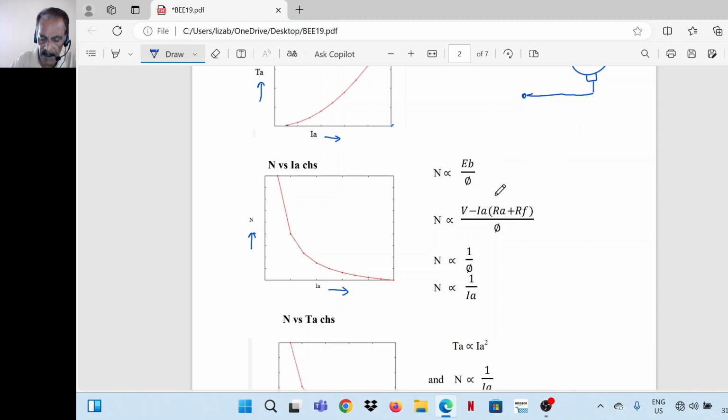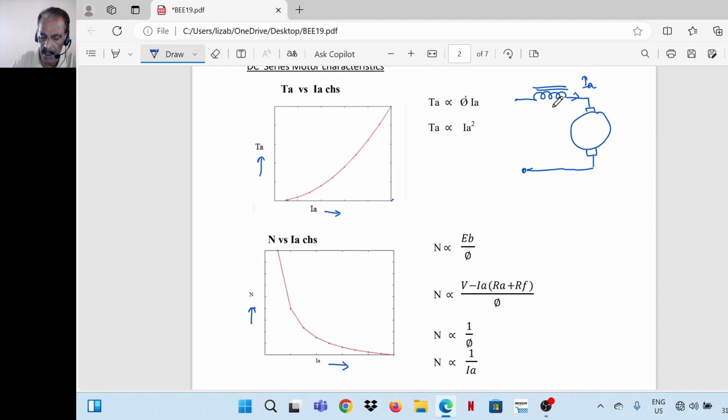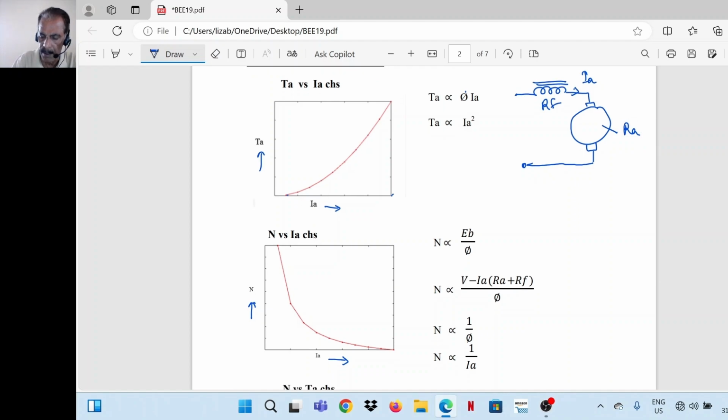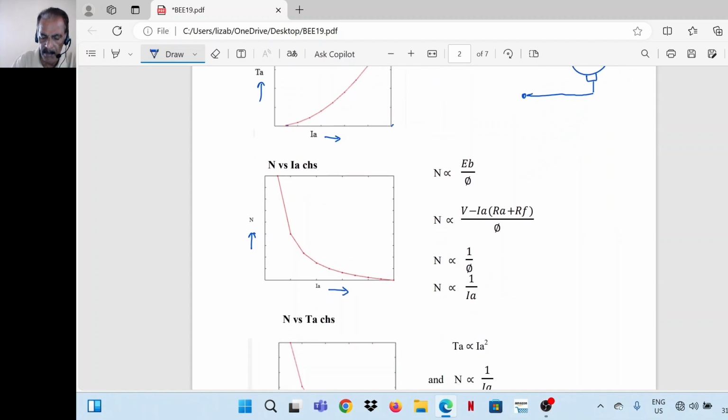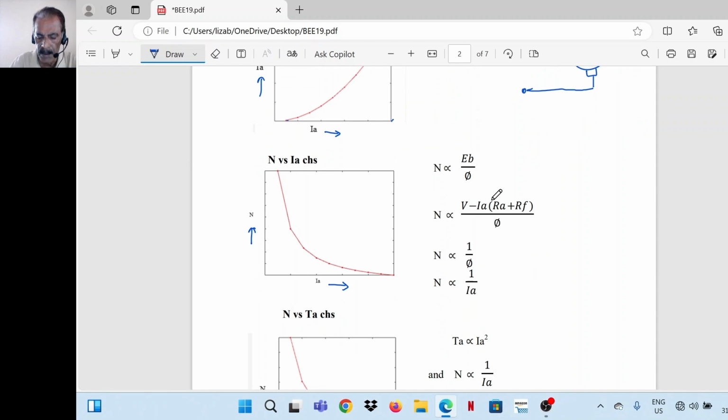But for a series motor, back EMF is equal to V minus Ia into Ra plus Rf, because field and armature are in series, Rf is the field resistance and the resistance of armature is Ra. So back EMF is equal to V minus armature current into Ra plus Rf.